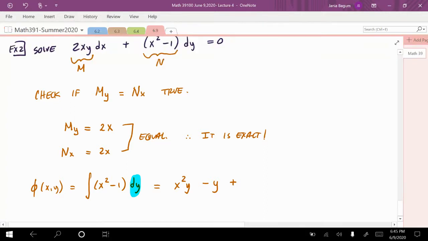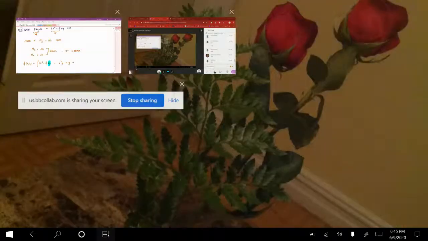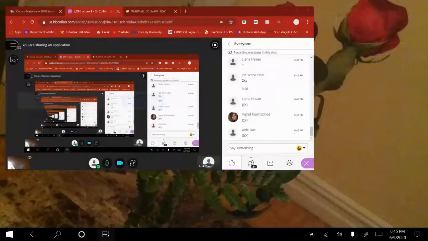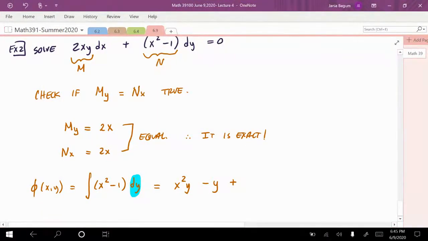Okay, so I think you guys got it. Right, so yeah, all of you got it. Liana, Ingrid, and Anik. So we're going to tag in a function g of x, because when you differentiate with respect to x, you want to make sure it survives. It doesn't go to 0. So we want g of x.